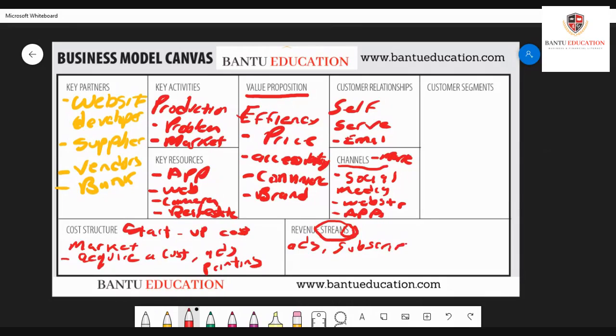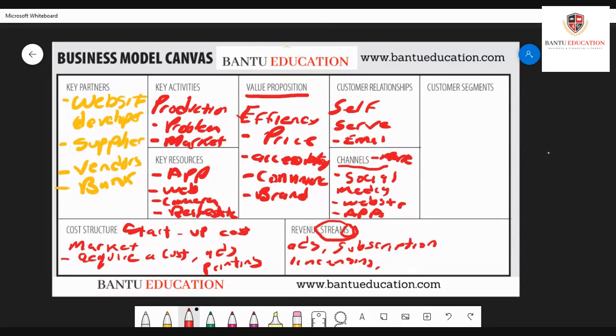Where people pay you monthly to access your product or your services. Or maybe you are doing licensing, right? Or maybe you're just selling stuff, so you're basically a broker. So those are different types of revenue streams, and there are many different types of revenue streams.